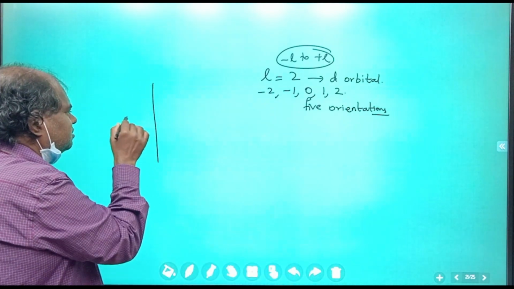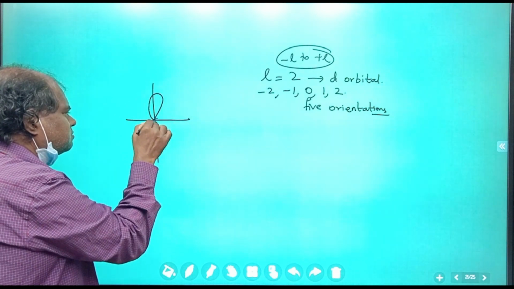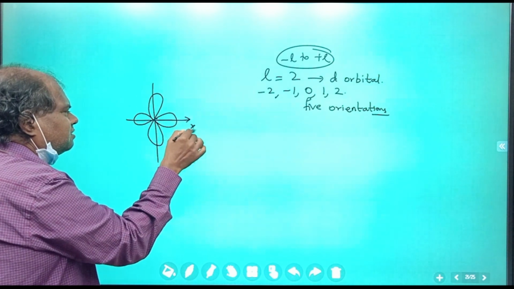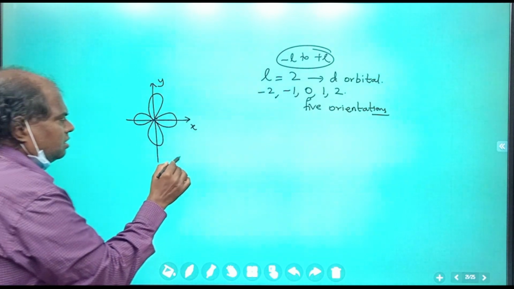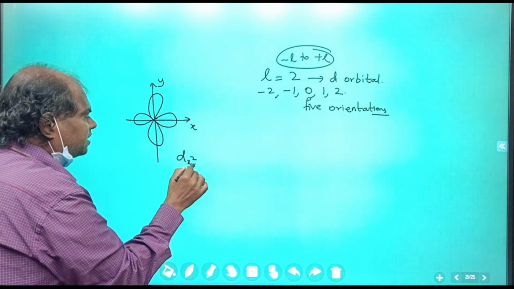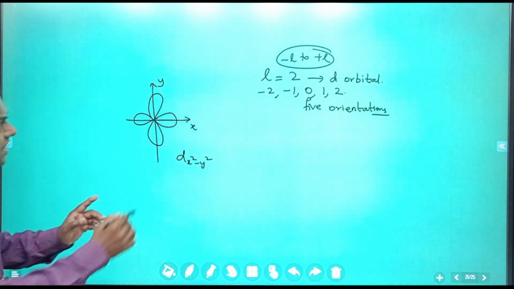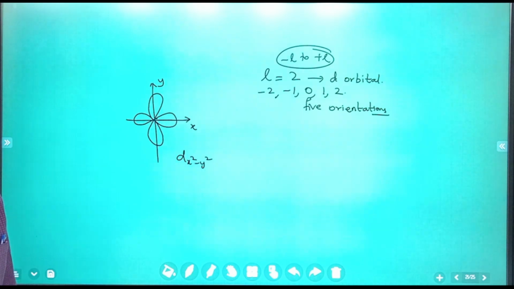See, very interesting. First one will be like this. This is the x-axis, right? This is the y-axis. This orbital, students, is called dx square minus y square. The lobes are exactly along the axis. You see, exactly along the y-axis, exactly along the x-axis.